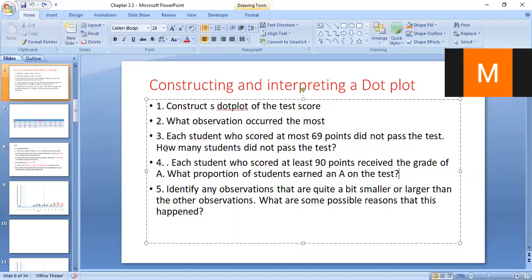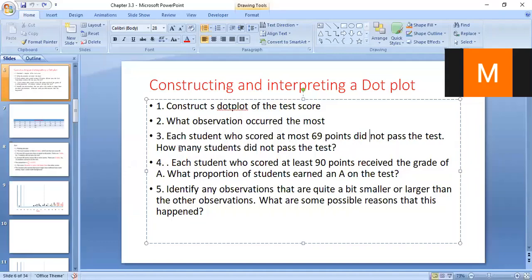How many students did not take part? In the question, they didn't ask how many students get A, but you must find how many students get A before you find the proportion. Because to find a proportion, you must know how many students get A and divide by the total number of students. The same in question 3: how many students did not attend?